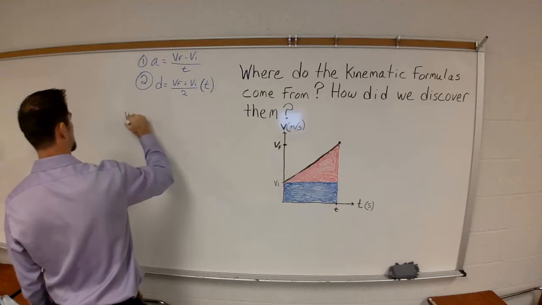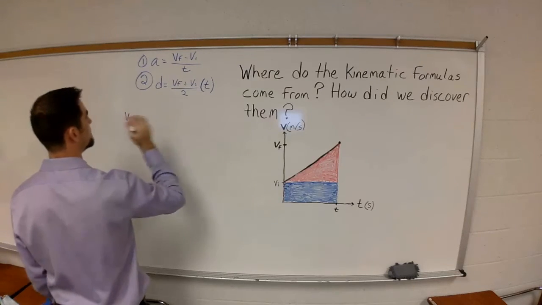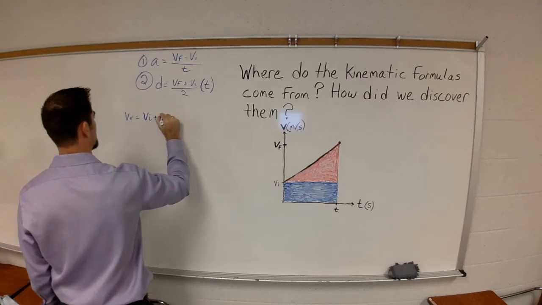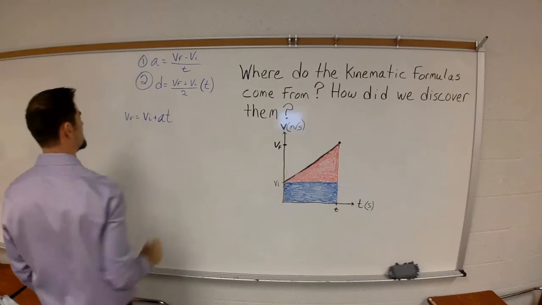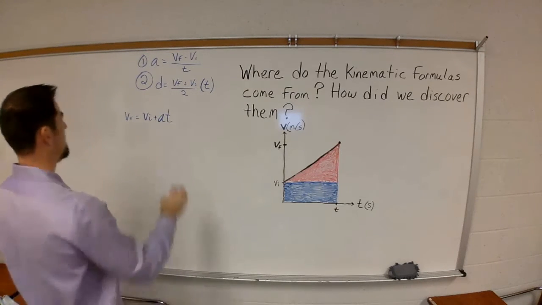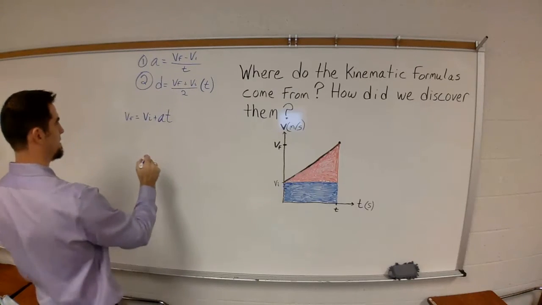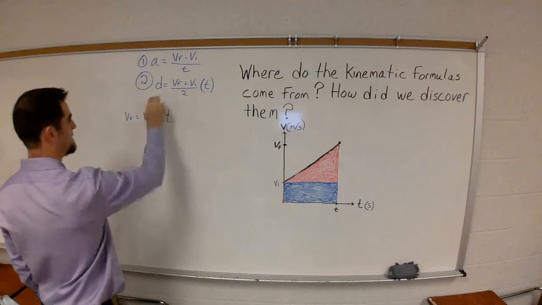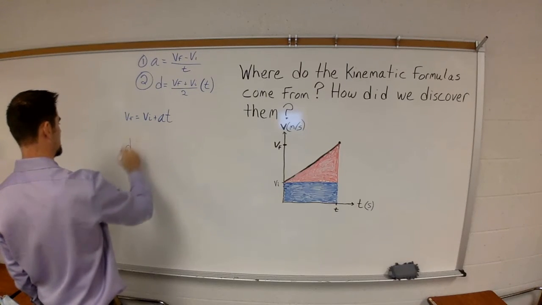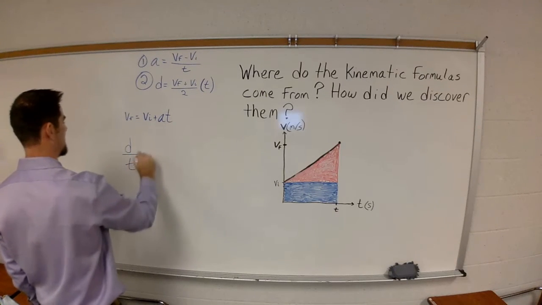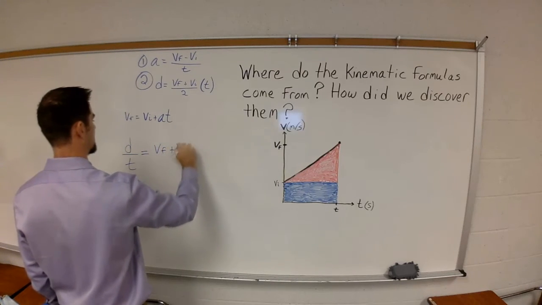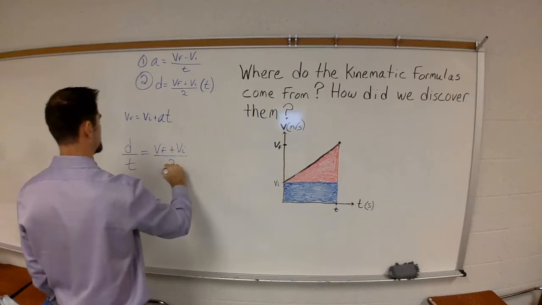We've got final velocity is equal to the initial velocity plus acceleration times time. And now we need to take this one, and I just need to divide by t on both sides. So we get distance over time is equal to final velocity plus initial velocity over 2.